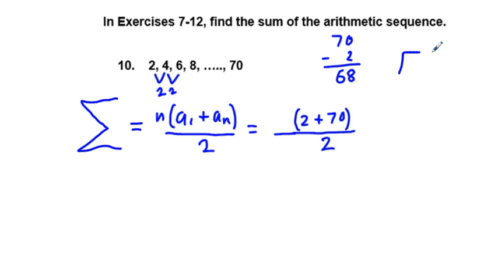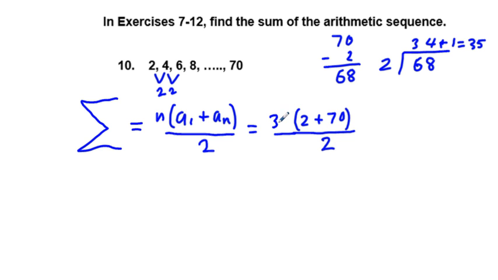So we take the 68 and divide that by 2, and we get 34. Well, is 34 our total number of terms? No, because that's the number of spans. There's a first and a last, which brings the total number of terms up by 1. So our total number of terms is 35.